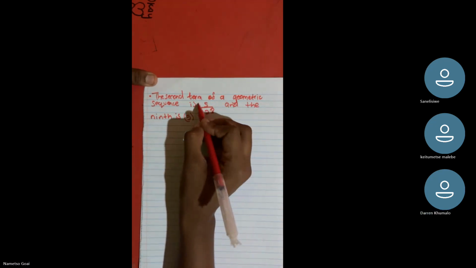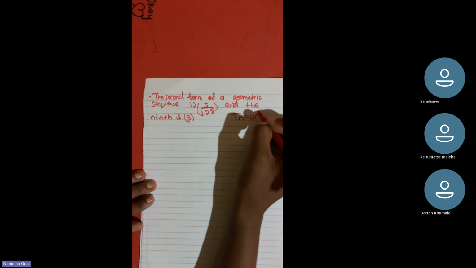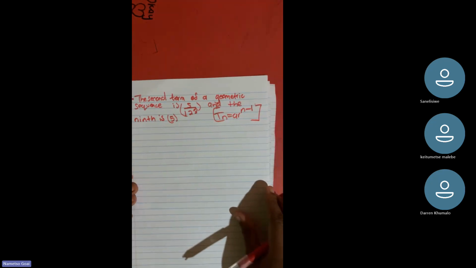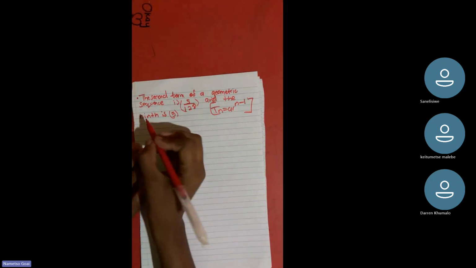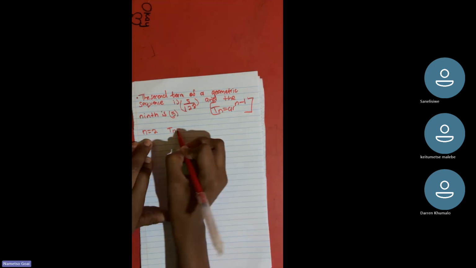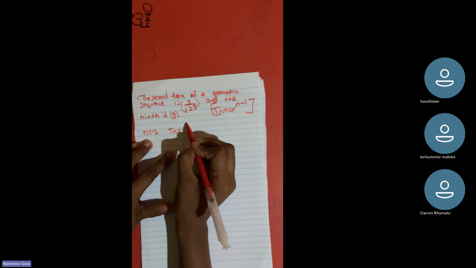So they're telling us that in a geometric sequence, remember, Tn equals A r to the power n minus 1. This is the formula that a geometric sequence is supposed to take, right? So they're telling us that the second term of a geometric sequence, which is n equals 2, our Tn will be 5 divided by 128.